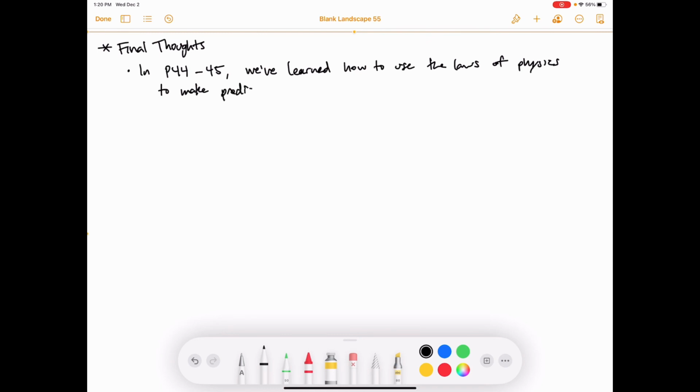And what do I mean by make predictions? We're making predictions of how a system that we're looking at, whatever that system happens to be, will move in the future. And the basic picture of that is we know what the system looks like in some initial state. We know how it starts off.